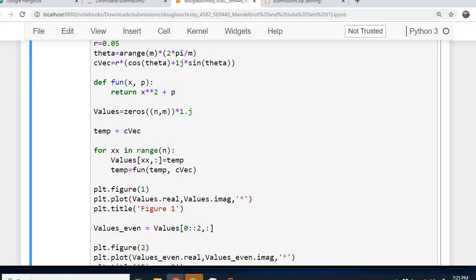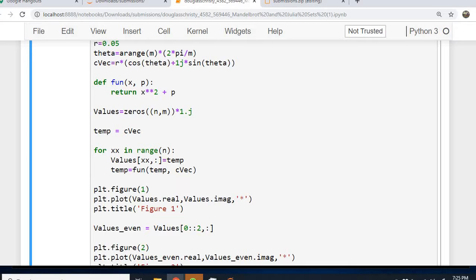So the question is, which C's give you stable fixed points? We solved that. For it to be a stable fixed point, you need to have the absolute value of Z less than 1/2. So we solved that inequality, and that's our region in space. And the boundary of that region is where the value is equal to 1/2.